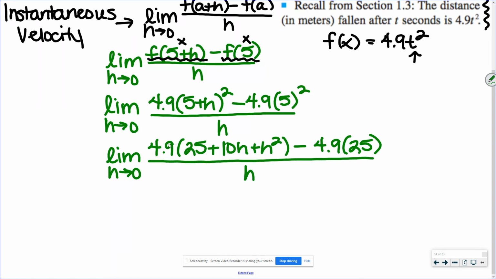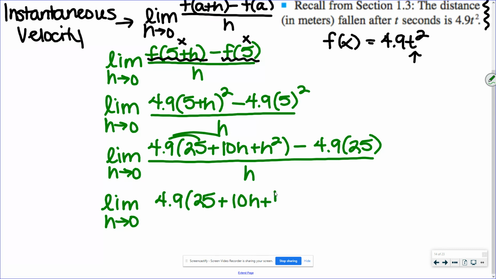If you wanted to, you could distribute at this point. I actually do not need to distribute because I see that all my terms are multiplied by 4.9. I'm going to write this in a different manner rather than multiplying by 4.9 all the way through. I can group everything together and put the 4.9 on the outside.